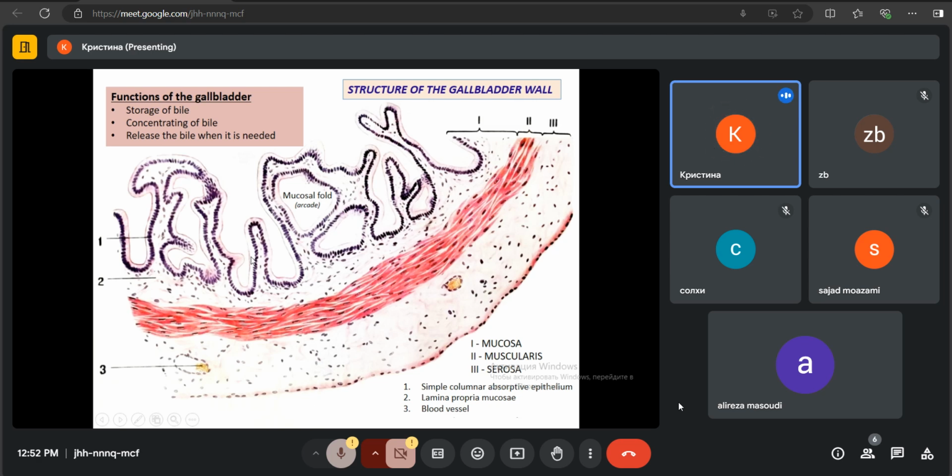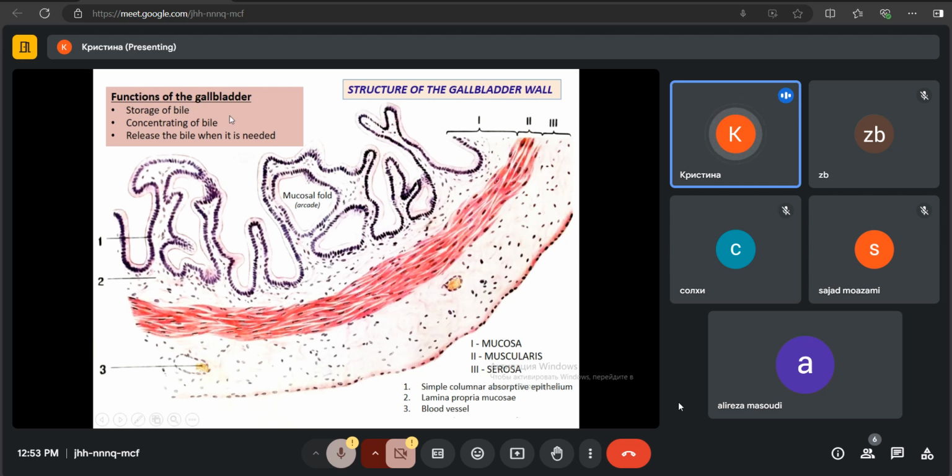And this is why the inner surface is not flat, but forms such folds that can be connected together and form these arcades. Arcade means these two connected folds, like a bridge between the two folds. This is the characteristic feature of the gallbladder mucosa. So these folds increase the surface of the epithelium for its function, the absorption of water and concentration of the bile.